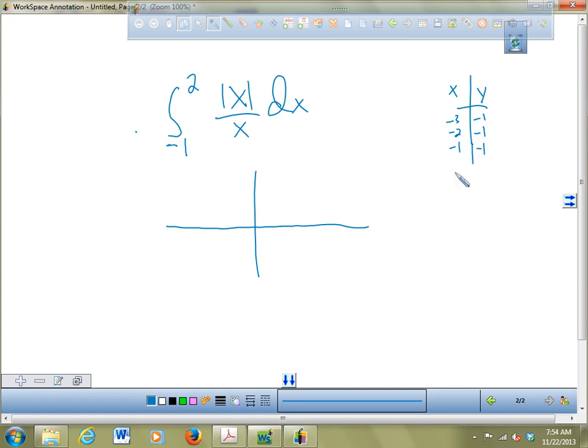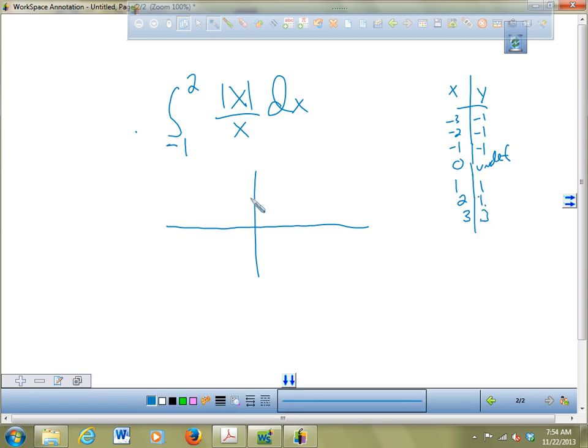It's undefined at 0, because the denominator would be 0. Then when I plug in positive numbers, 1, 2, 3, I get 1 each time.